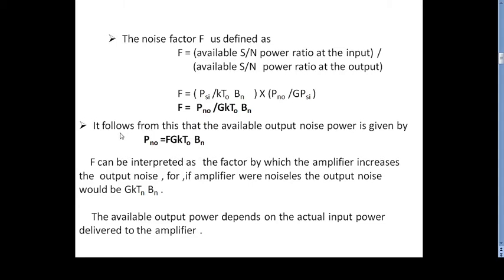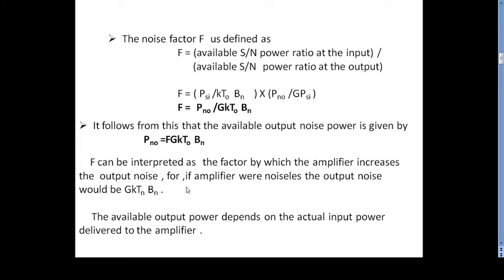So from this, the available output noise power is given by noise factor, gain of amplifier, Boltzmann's constant, absolute temperature and noise bandwidth. F can be interpreted as the factor by which the amplifier increases the output noise.